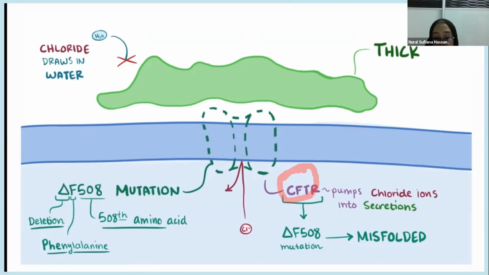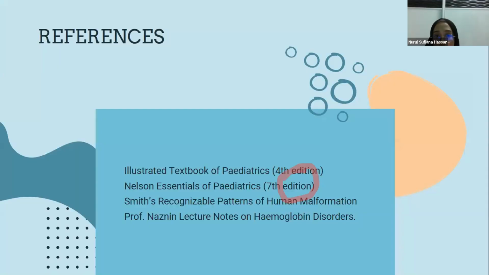Other than that, the abnormal airways due to the mutation of the CFTR gene will also make the airways more prone to colonization of bacteria and reduce function of airway defense, which will all lead to bronchial damage. So that's all, and these are the references that I used for my topic.